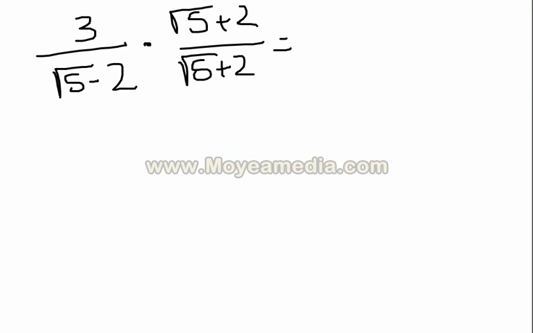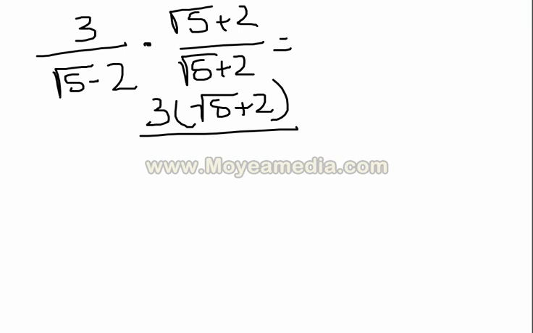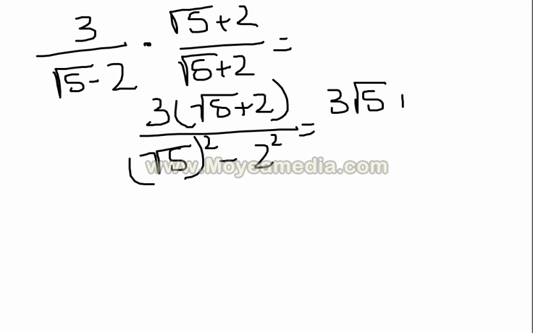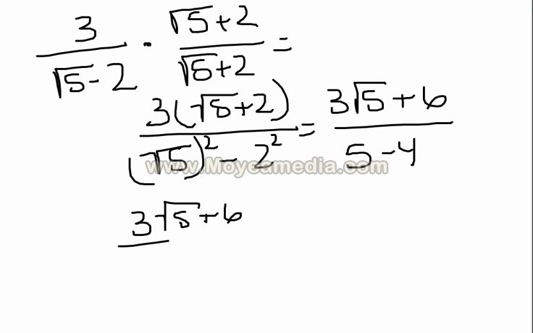So that gives me 3 times (√5 + 2) over, now remember it's a difference of squares, so it's going to be √5 squared minus 2 squared, which is (3√5 + 6) over 5 minus 4. So I get (3√5 + 6) over 1, which really just equals 3√5 + 6.